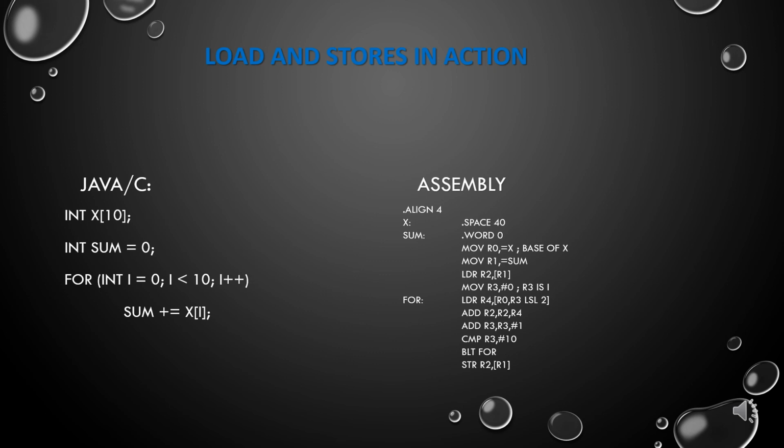So we add R2 and R4, we give back R2, which is the sum, and we increment i, which is R3, by 1. So we compare i with 10. If i is less than 10, we continue, we branch back to the loop, and if R3 is greater than 10, we store R2, so the iteration ends and the list is complete.